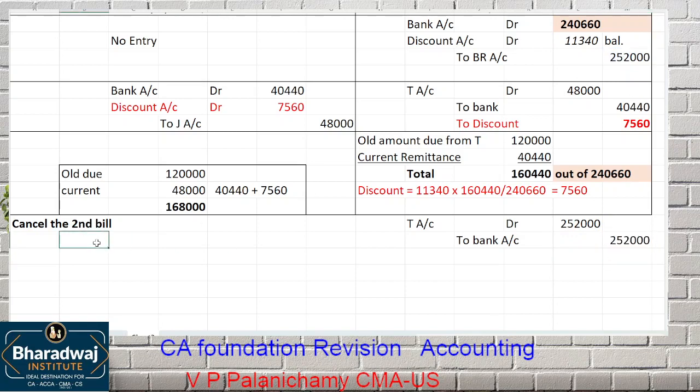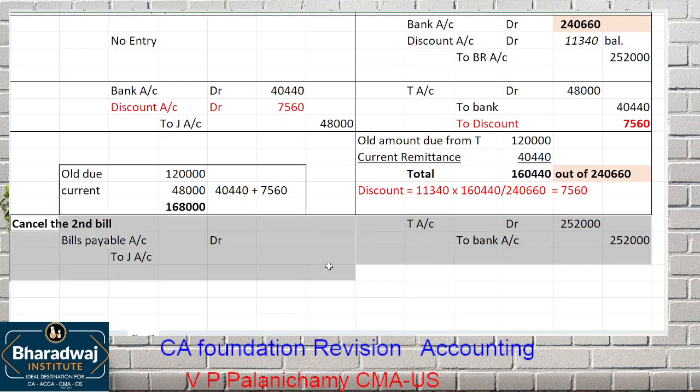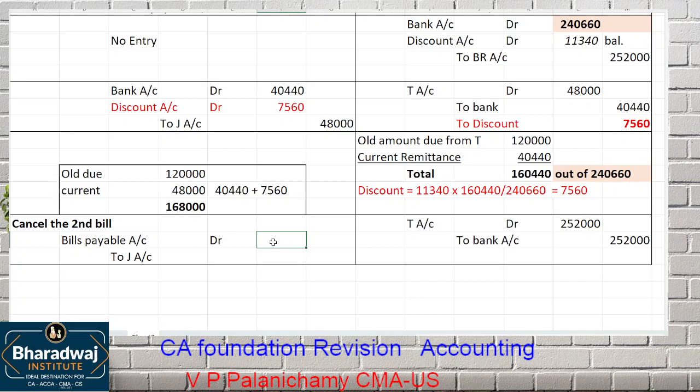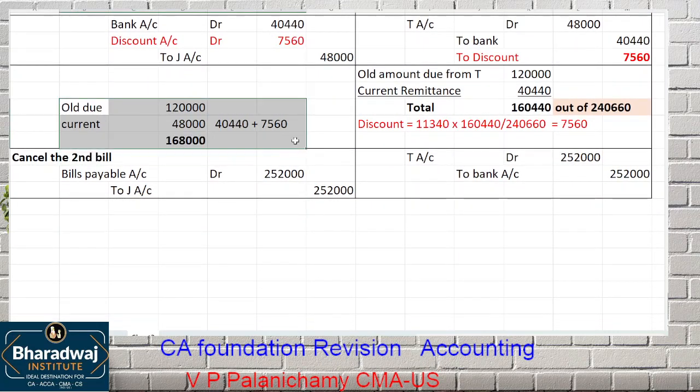For him, a normal dishonor entry: Debtors account debtor to bank account. Then what is the total amount due?